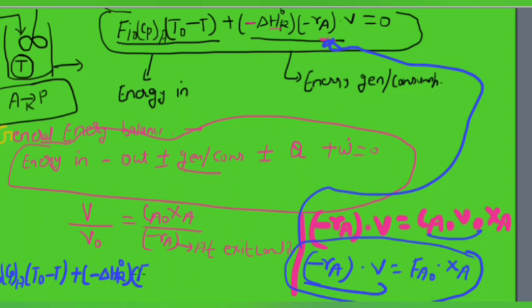You can substitute here directly FA naught into XA, and that equals 0. That is our desired equation for our energy balance in a continuous stirred tank reactor. It's a very important thing that you need to keep in your mind each and every time. If you forget these things, then definitely you will be unable to solve the questions. You won't be able to solve the questions in the examination, I think.